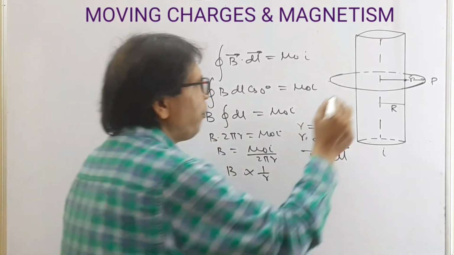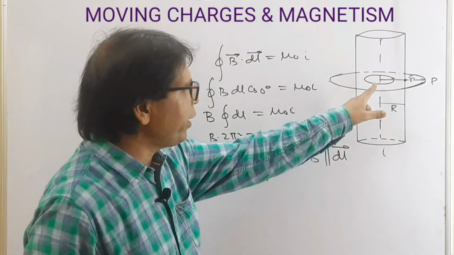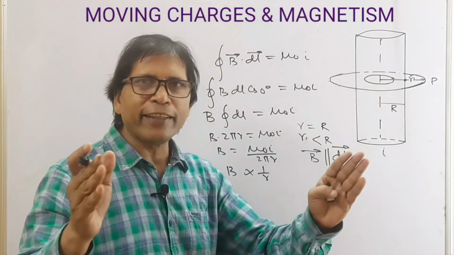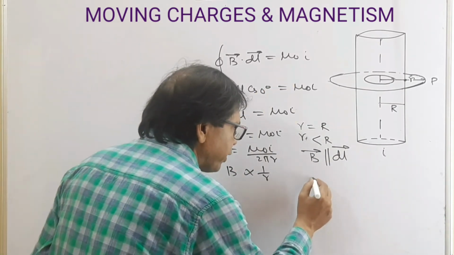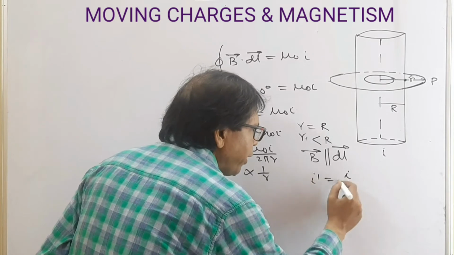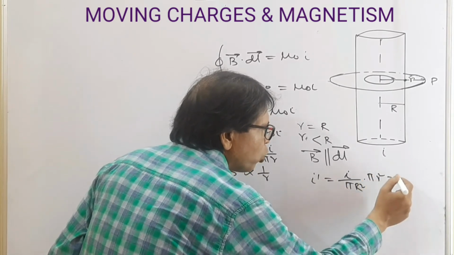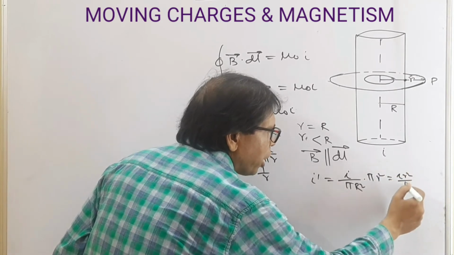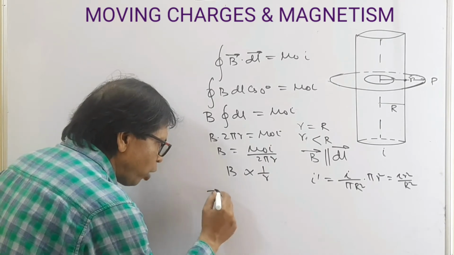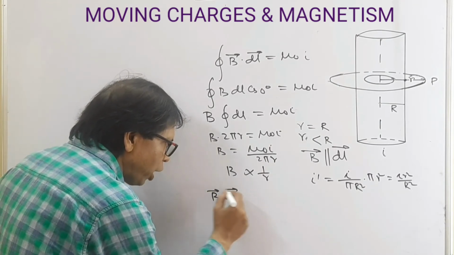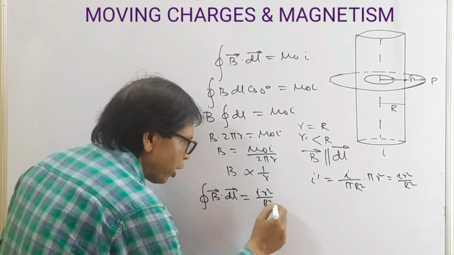Now next, the magnetic field inside the conductor. Look at this. Here radius small r is less than capital R. So the current enclosed by the loop, I dash, equals I divided by pi capital R square into pi small r square, so I small r square divided by capital R square. Now applying Ampere's circuital law, closed integral of B vector dot dl vector equals mu naught into I r square by capital R square.